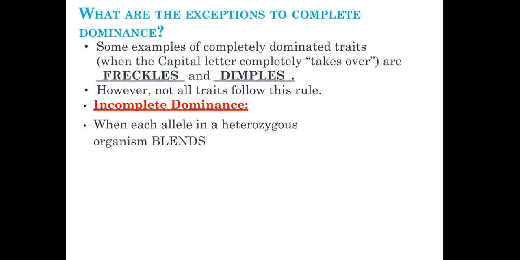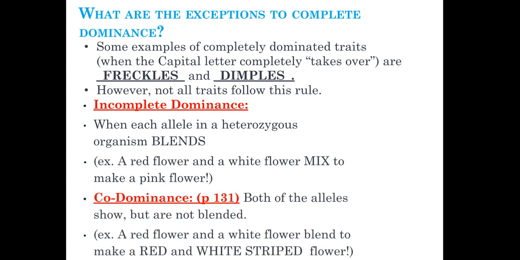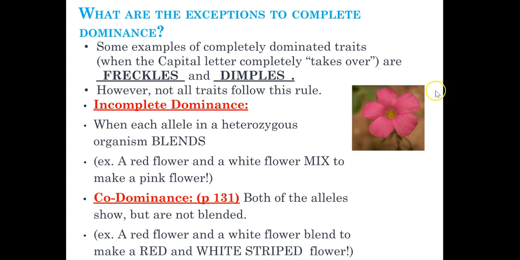Remember, heterozygous means the two letters are different, one capital, one lowercase. Let's give an example. A red flower and a white flower mix together to make a pink flower, just like you see here in this picture. So instead of a capital R and a lowercase r, instead of having red and white mixed together to make pink, this is called incomplete dominance, where you get a middle ground between the two.